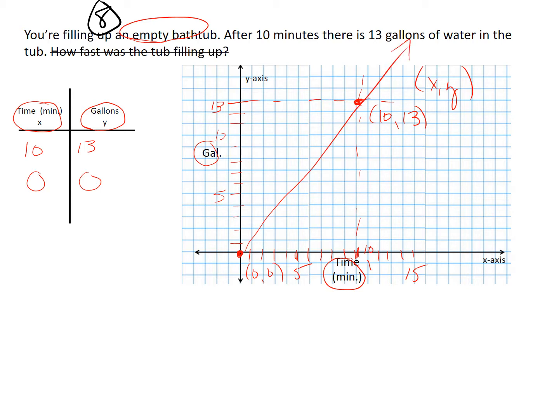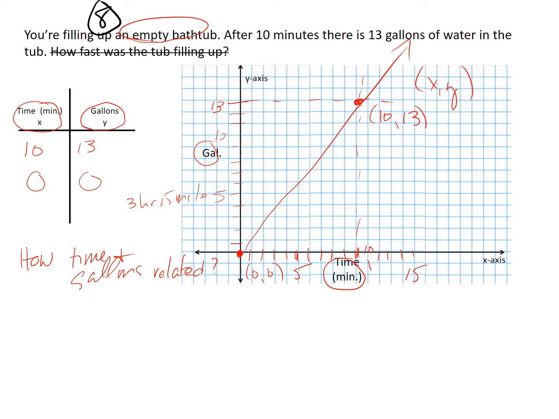All right, so now we just have the equation. What we did when we did those other problems, remember, we want to know how are these related? How are time and the gallons related? Remember, we did the first problem this morning in class where I think he was running a race, and after 3 hours, he'd run 15 miles.